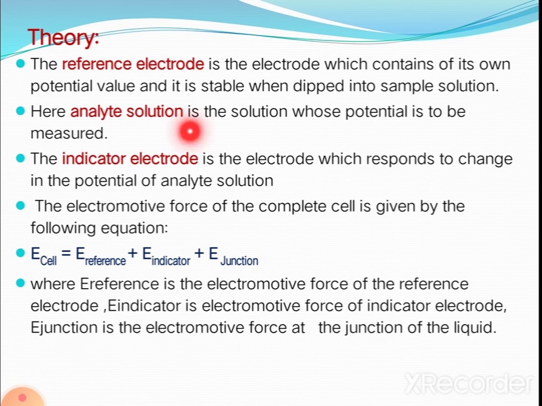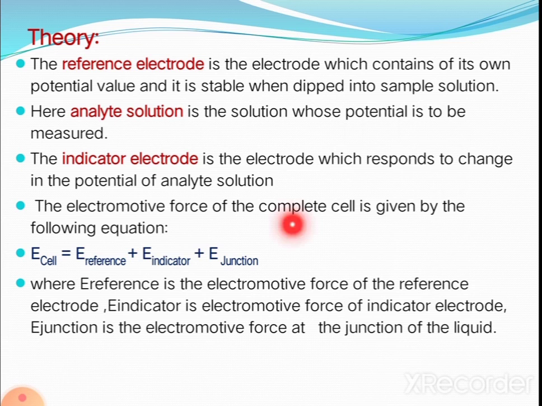Secondly, the analytical solution is used whose potential is to be measured for the analysis. Third, you need the indicator electrode, which responds to the change in the potential of the particular species in the analytical solution.